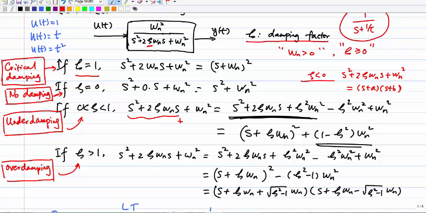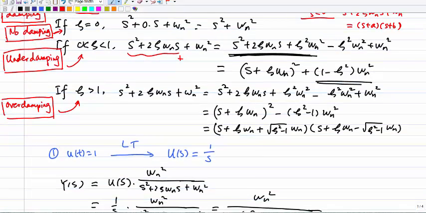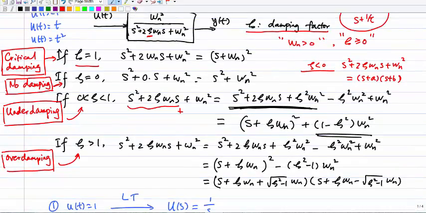When theta is within 0 and 1, it's called under damping. When theta is greater than 1, it's called over damping. Those are also control parameters we sometimes have to select, depending on whether we want critical damping, no damping, under damping, or over damping.